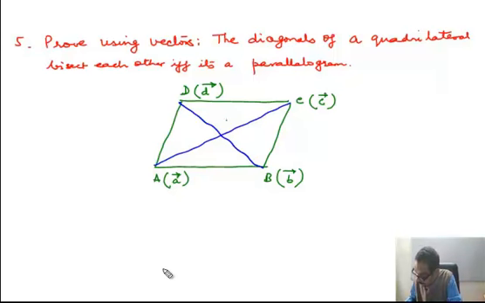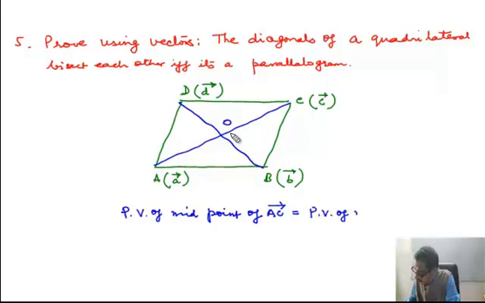The intersection point is, let us say, O. Now diagonals are bisecting at O, means midpoint of AC is O and midpoint of BD is also O, means the position vector of midpoint of AC is equal to the position vector of midpoint of BD. This is okay.